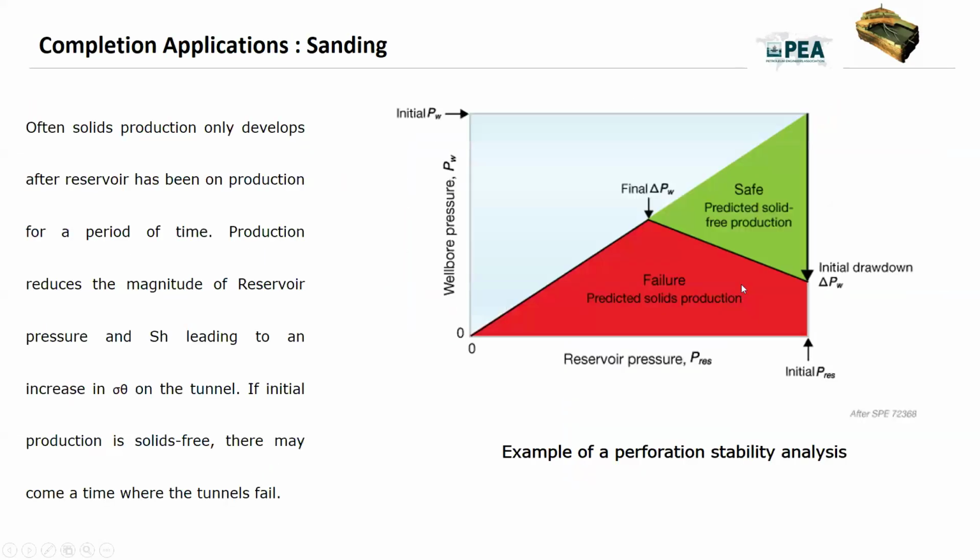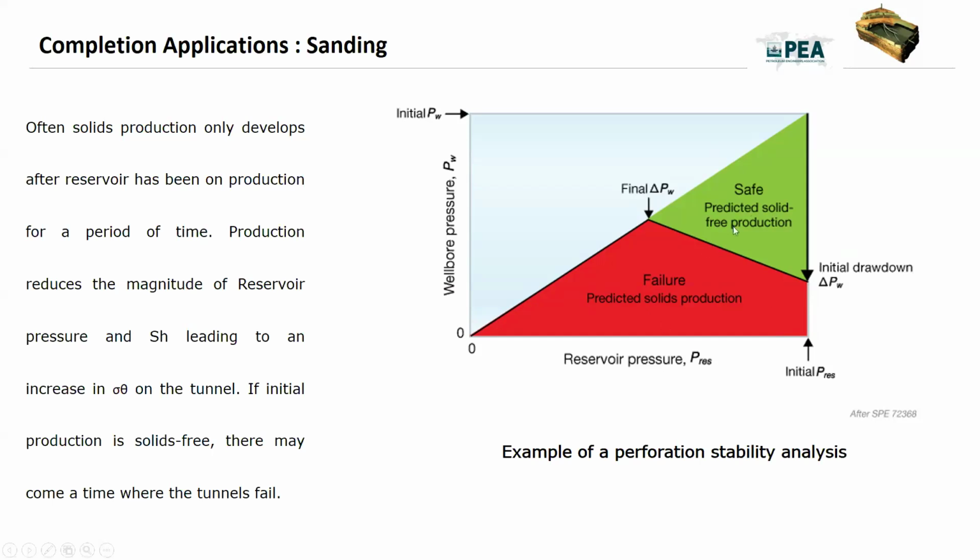So here we have a typical example of perforation stability analysis with the initial drawdown and the final drawdown. Often solid production only develops after the reservoir has been on production for a period of time, meaning that production reduces the magnitude of the reservoir pressure and also the minimum horizontal stress. So the perforation stability analysis is shown.